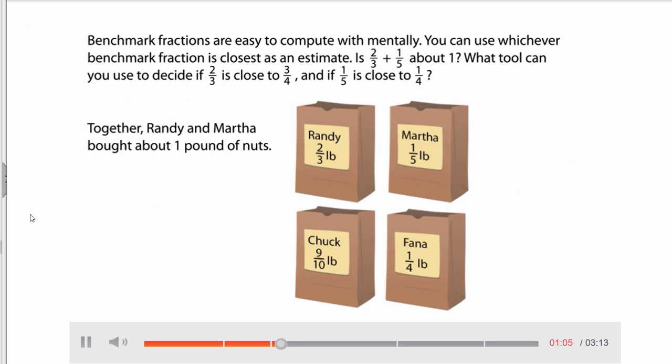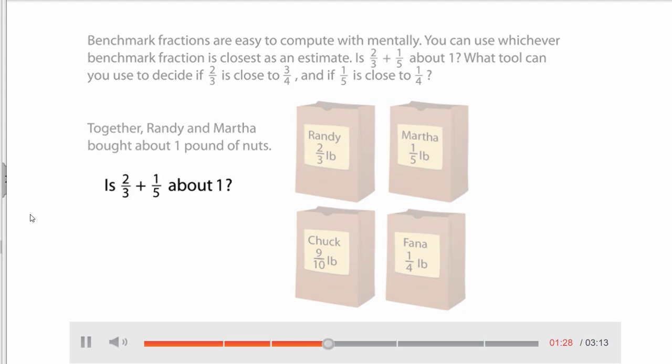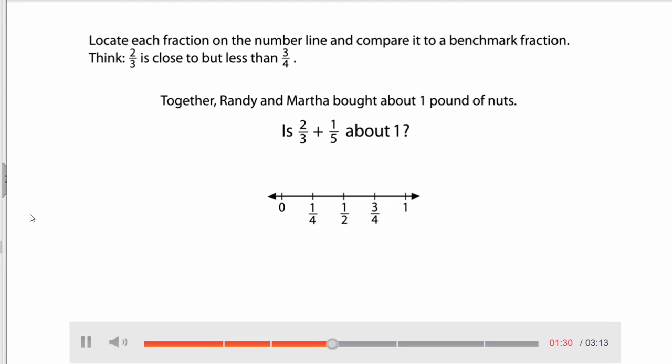Benchmark fractions are easy to compute with mentally. You can use whichever benchmark fraction is closest as an estimate. Is 2/3 plus 1/5 about 1? What tool can you use to decide if 2/3 is close to 3/4 and if 1/5 is close to 1/4? Locate each fraction on the number line and compare it to a benchmark fraction.